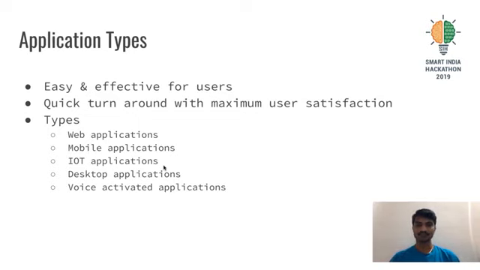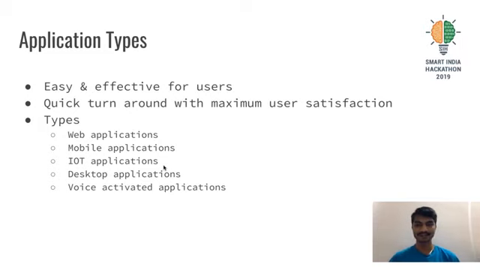So what are the things which we need to consider? It should be easy and effective for the users, and it should solve the purpose from where the original problem arose. Another important thing is quick turnaround time, because most of the time the applications need to be delivered and tested with real users.